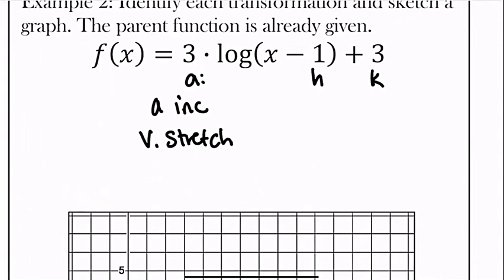Inside this horizontal change, it says x minus 1, so h is actually positive 1. It's the opposite of what it looks like. So if it looks like a negative 1, you're going to go right one spot. And then K here is plus 3. That means you went up 3.